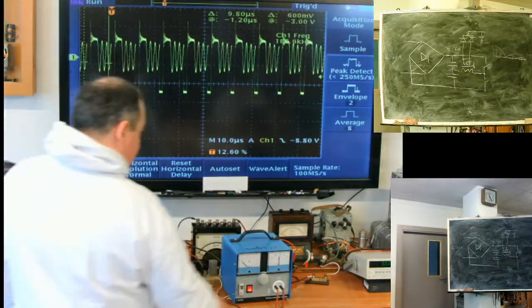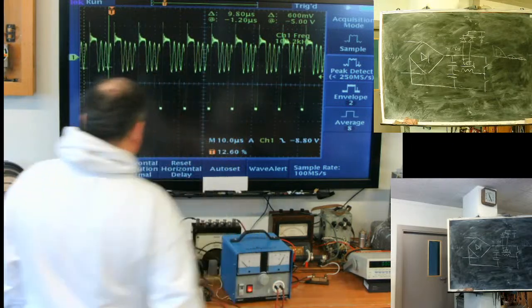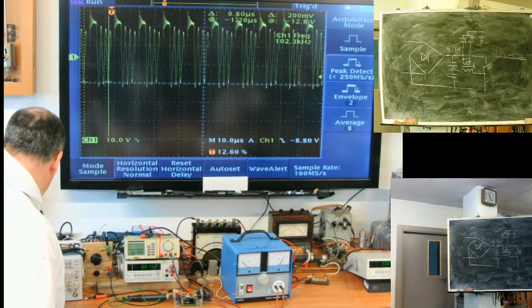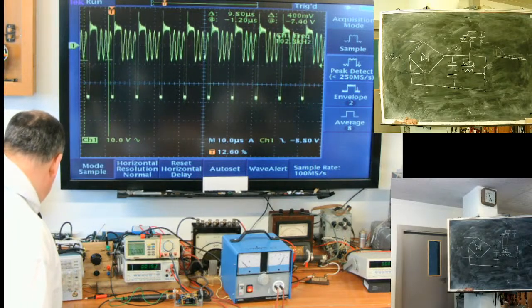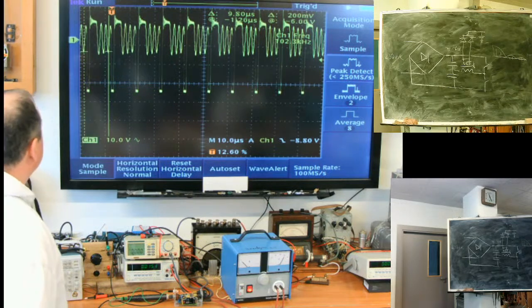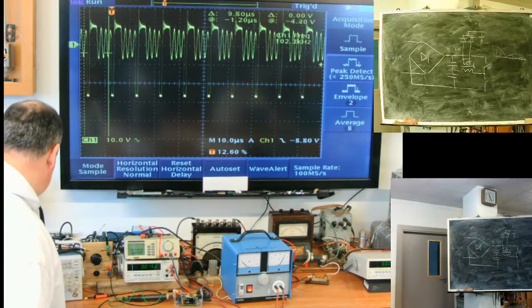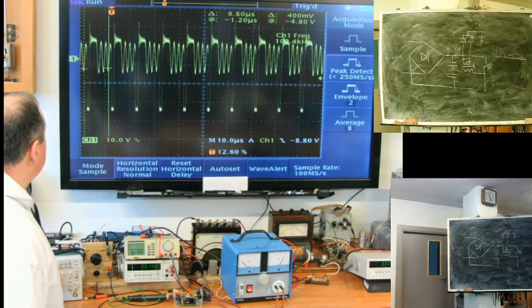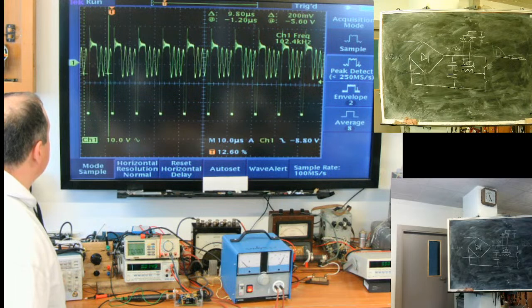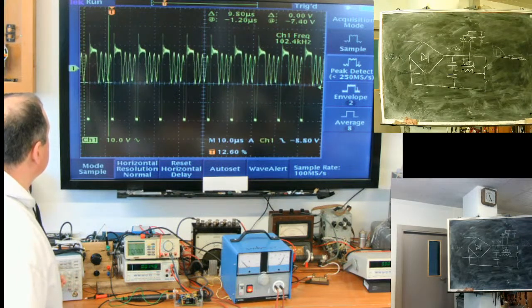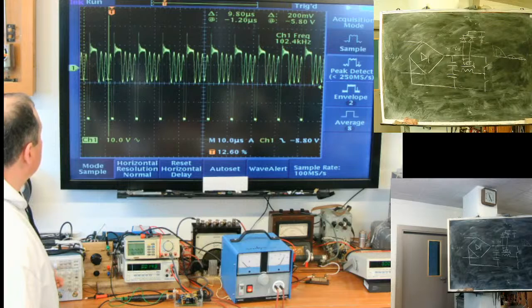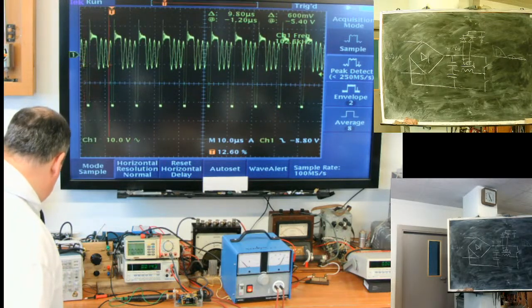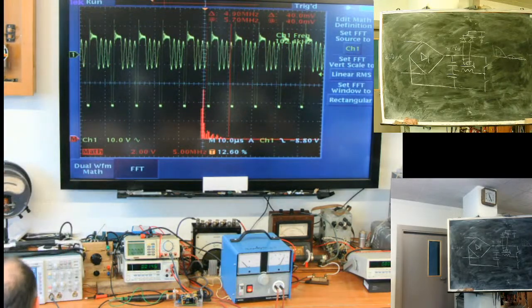Here is a sequence from my cash register power supply. Its amplitude is going from 200, 300, 500 volts. But I would like to see its spectrum.